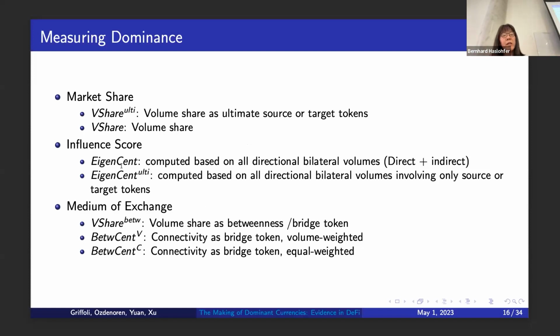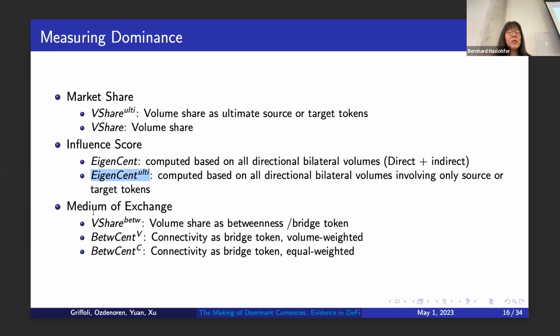We can compute eigenvector centrality based on all directional trades, inflow and outflow, including both the betweenness and the ultimate volume, or we can include only the ultimate volume, which is what we focus on here. These centrality measures are based on trades motivated by reasons other than lowering the transaction cost.